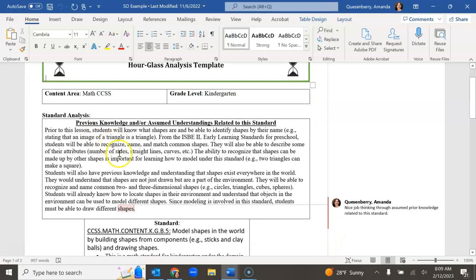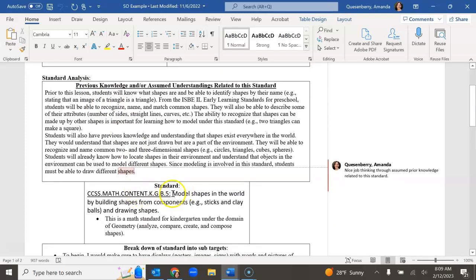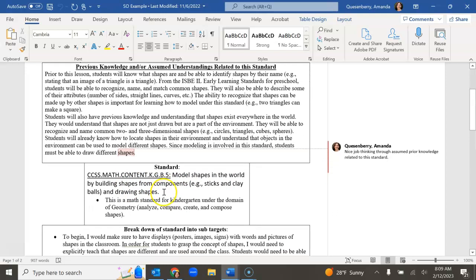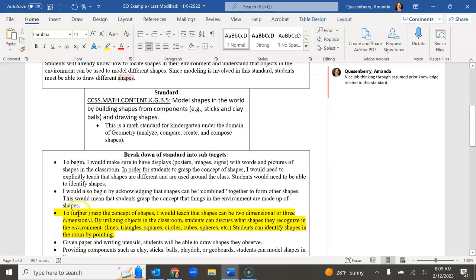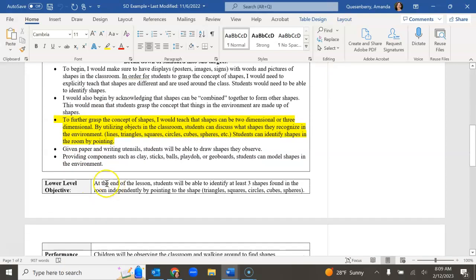Okay, so you'll see that this student had a kindergarten standard about modeling shapes in the world. So this was the prior knowledge and information. This was her breakdown into subtargets. This is the subtarget that she focused on for her objectives, her lower level objective, etc.